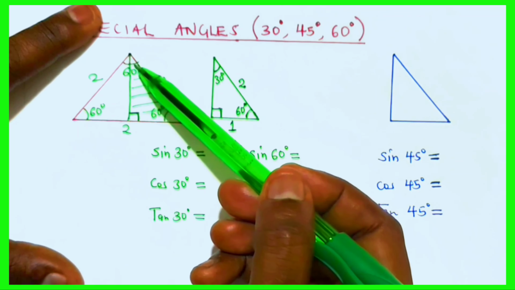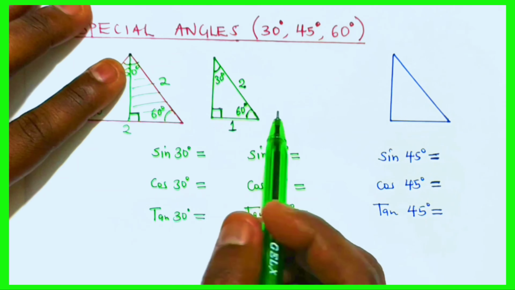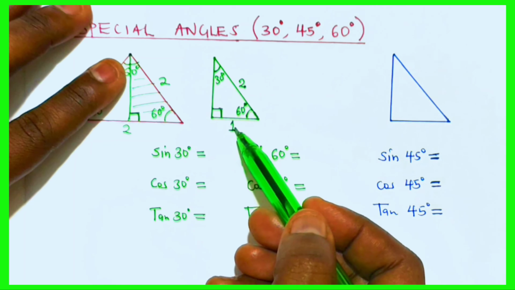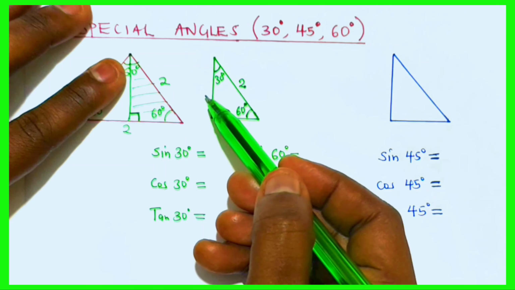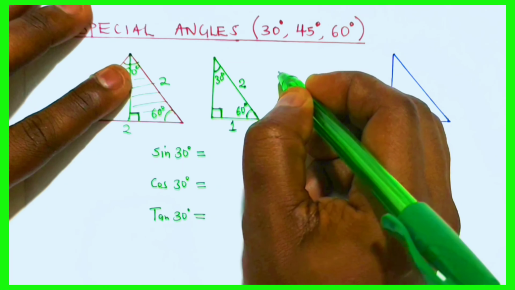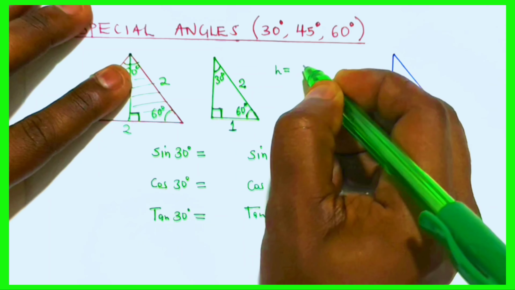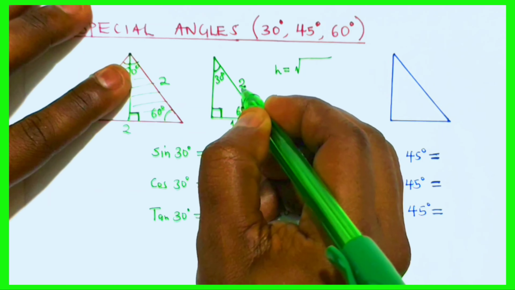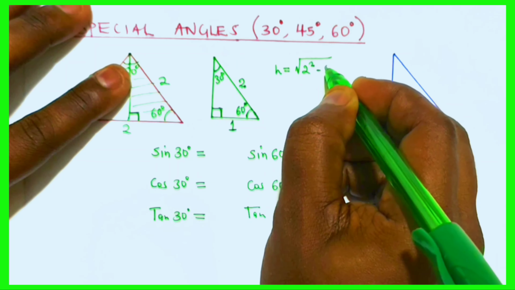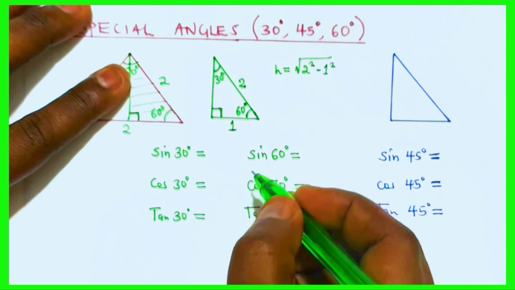And therefore, to find the height of this right angle triangle, we are going to use the Pythagoras relationship, where we know that c squared, that means the hypotenuse squared, will be equal to the base squared and the height squared added together. So my height h should be equal to c squared subtract a squared so that I get b squared.